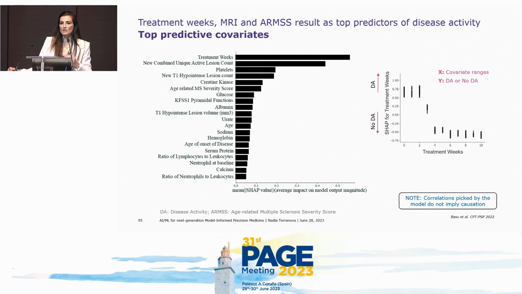And here you can see for the treatment weeks, as an example, that patients receiving less than 4 weeks tend to have a prediction moving towards disease activity, while those receiving 4 or more will tend, based only on treatment weeks here, to go towards no disease activity. And the 4 treatment weeks is actually equivalent to the recommended dose of cladribine.